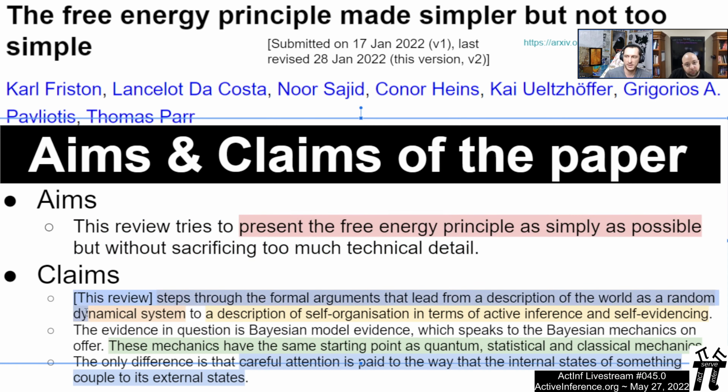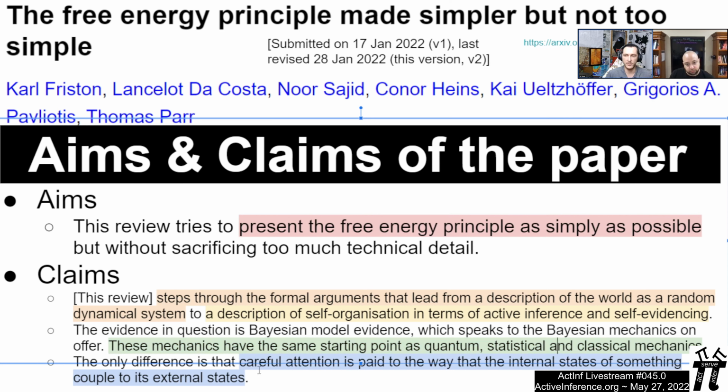And then several claims that they make are that they're going to step through the formal arguments that lead from the description of a world as a random dynamical system to the description of self-organization in terms of active inference and self-evidencing. They're going to discuss Bayesian mechanics and how those Bayesian mechanics have the same starting point as quantum, statistical, and classical mechanics.